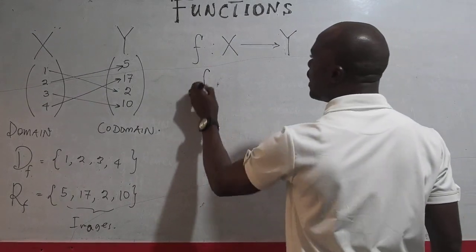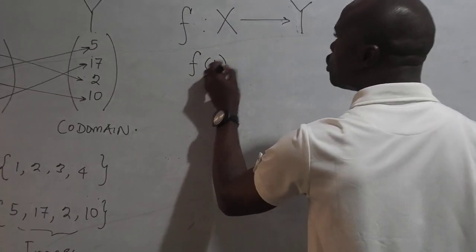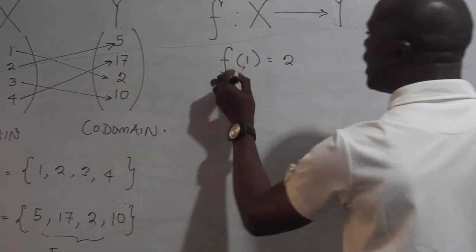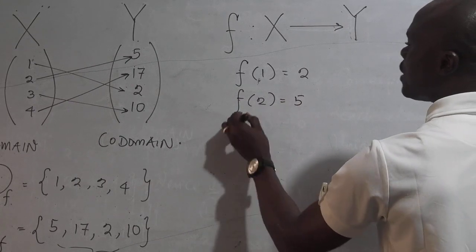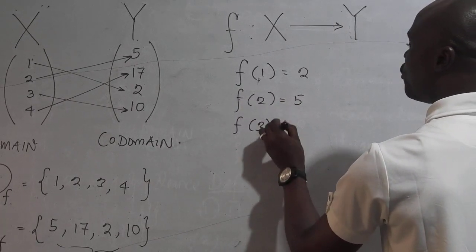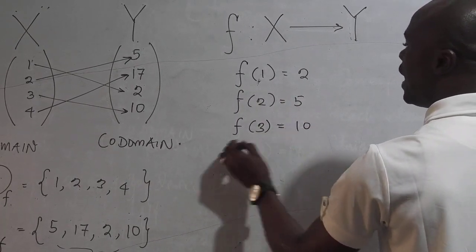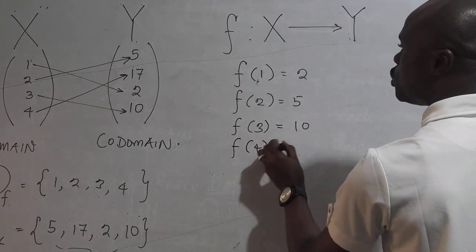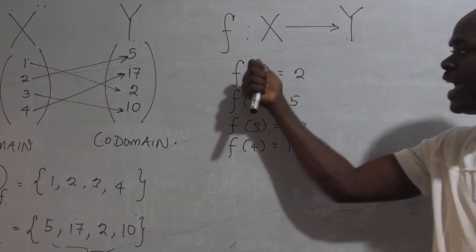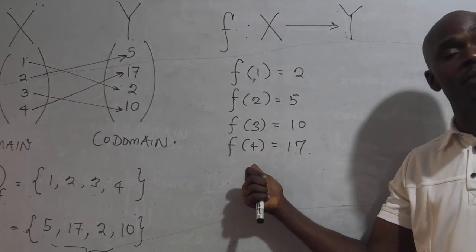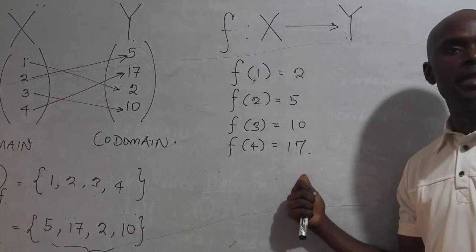It means that every time you put 1 into that function, you are going to get 2. Anytime you put 2 into the function, you get 5. Anytime you put 3 into the function, you get 10. And anytime you put 4 into the function, you get 17. That is what it means. So for any element of the domain you put in, you are going to have these images.